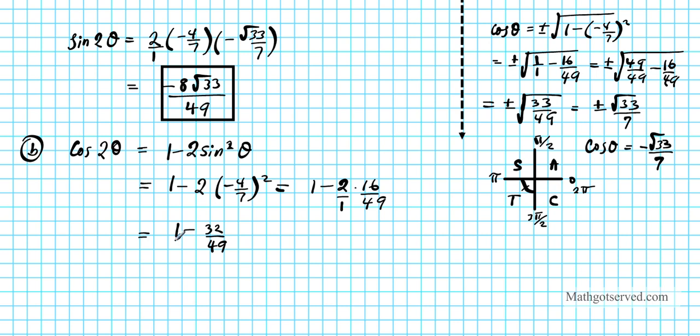We need to find the LCD, so multiply this 1 by 49 top and bottom. So we have 49 over 49 minus 32 over 49. Okay? Subtract the numerators, we'll end up with 17 over 49 as a result of cosine 2 theta. So cosine 2 theta is 17 over 49.